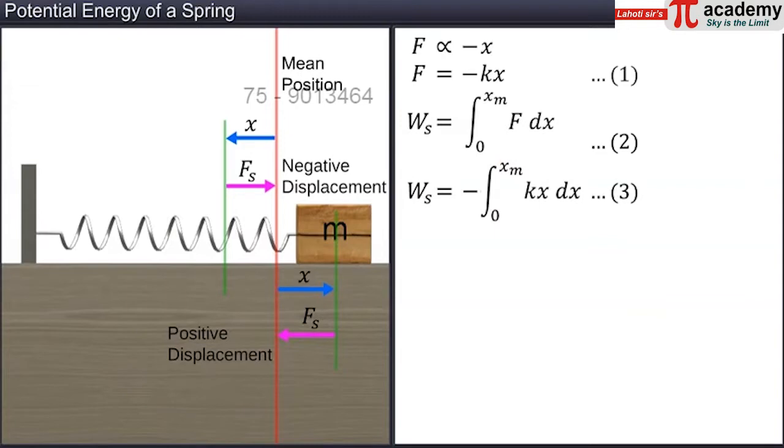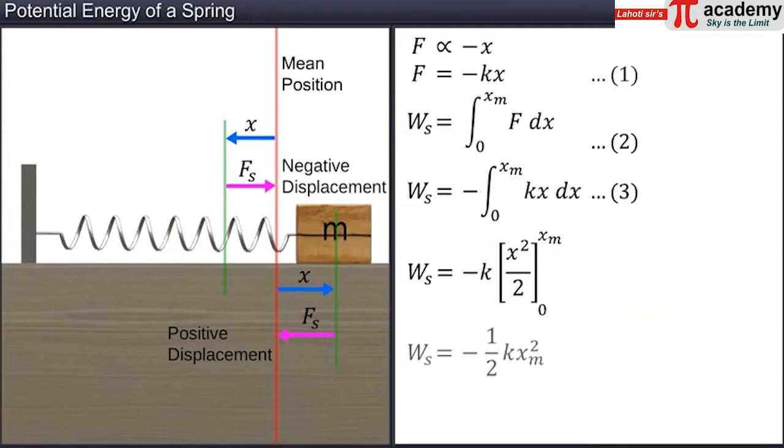Let this be equation 3. On integrating equation 3, we get W is equal to minus k into x square by 2 in the limits 0 to xm. Thus, we get the work done by the spring force equal to minus half kxm square.